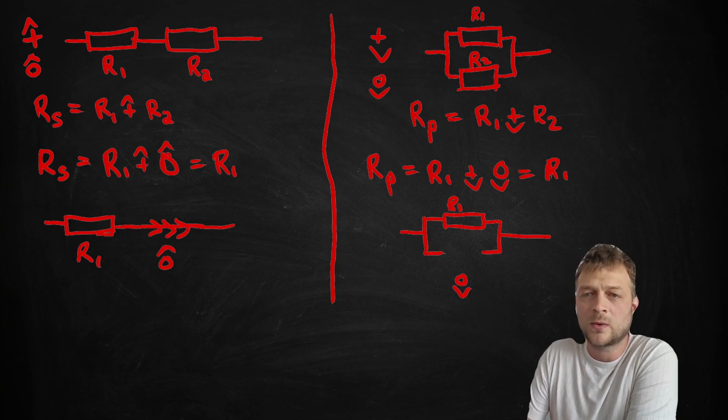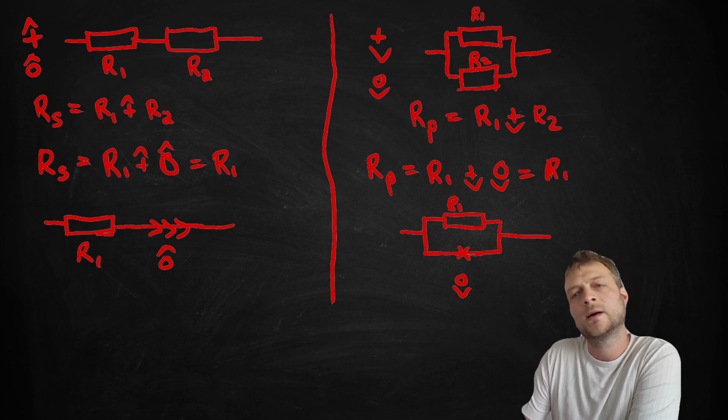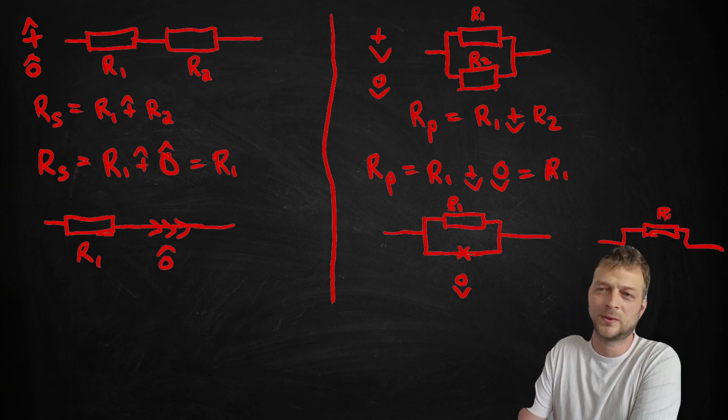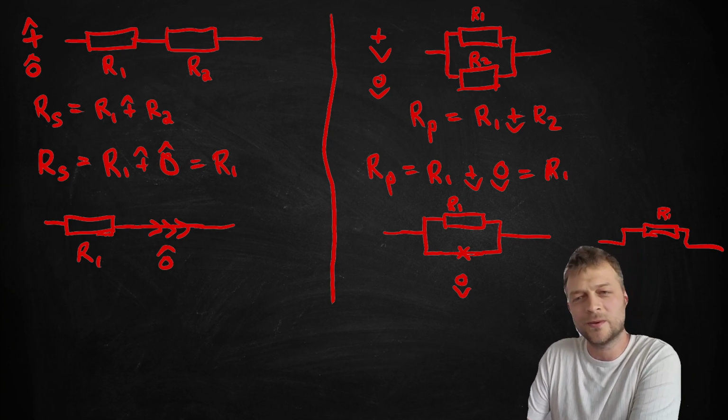If I think a bit, then just cutting the wire here, which I will note with a cross, will lead to a topology equivalent to just R1, and this will definitely have resistance R1. So the 0 is just a cut wire on the right side.